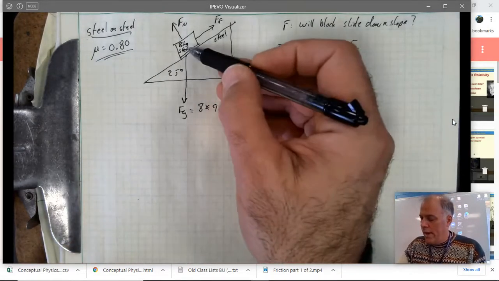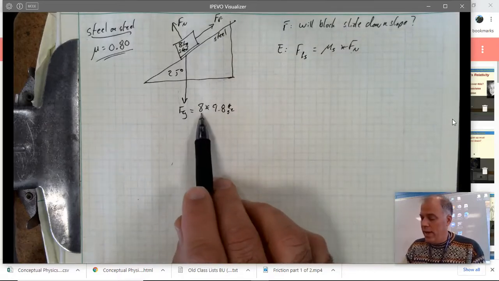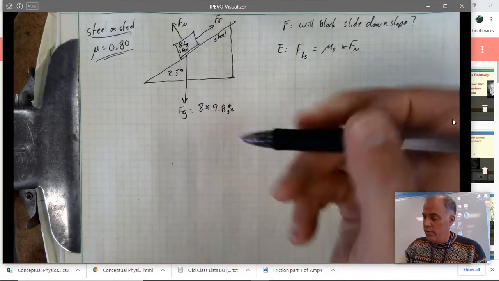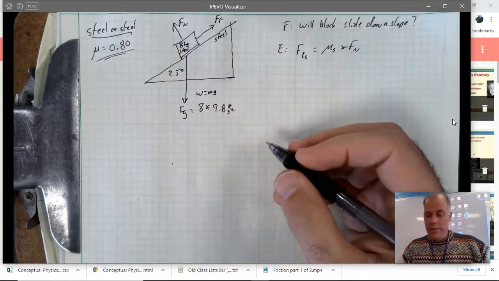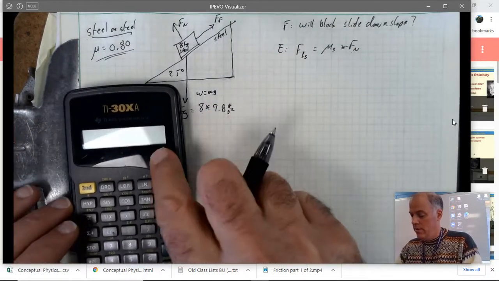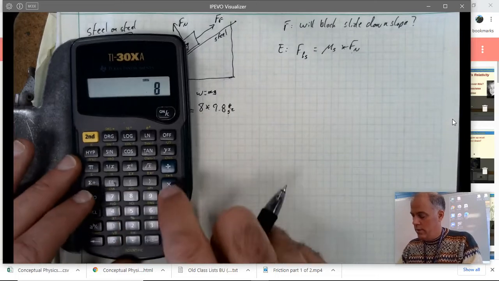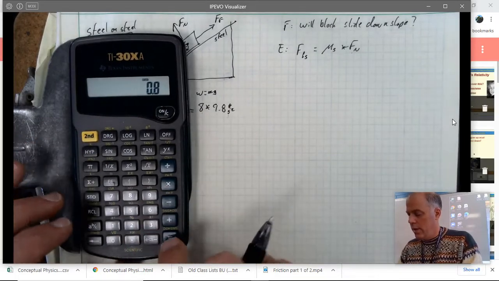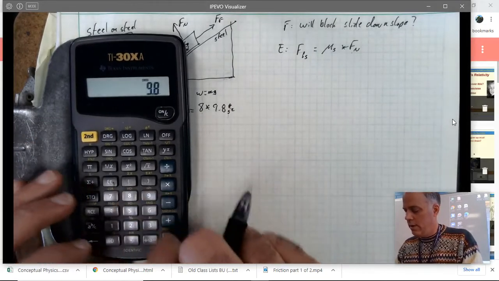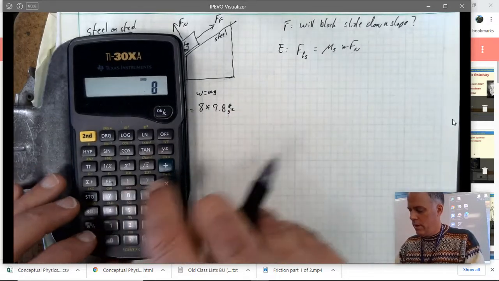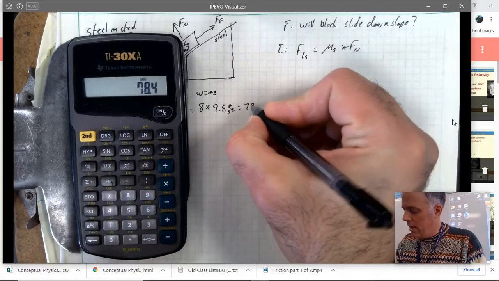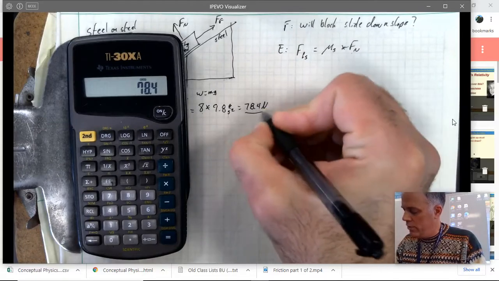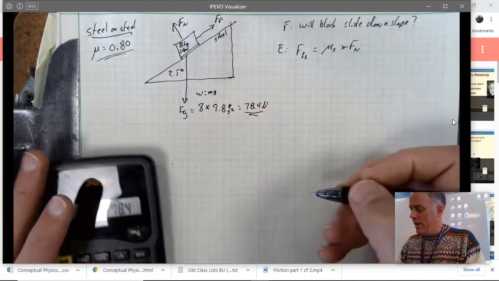So the weight of the block is going to be 8 kilograms times 9.8. We're using our weight equation for that, W equals mg. And that comes out to be 8 times 9.8 equals 78.4 newtons. That's the weight coming straight down.